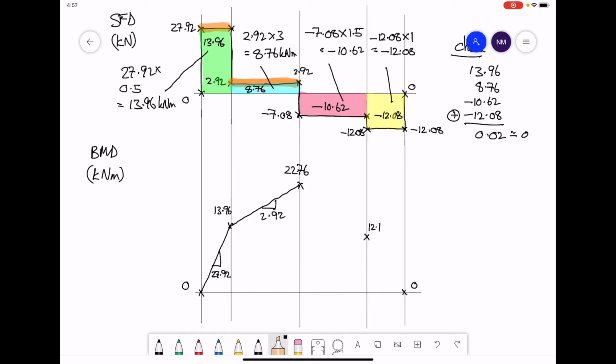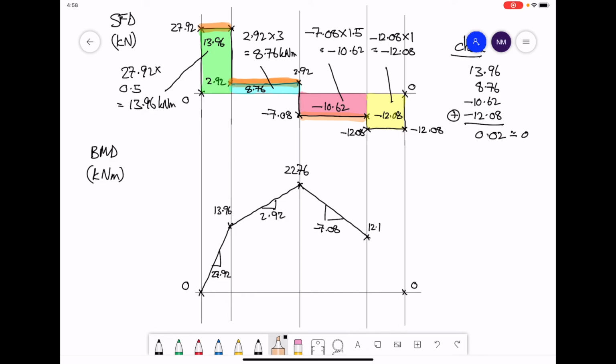In the next region, your shear force value is minus 7.08. Again, constant, so we have a straight line. This time the shear force value is negative, so it means we have a straight line, but the line is going downhill. Here the gradient is minus 7.08.